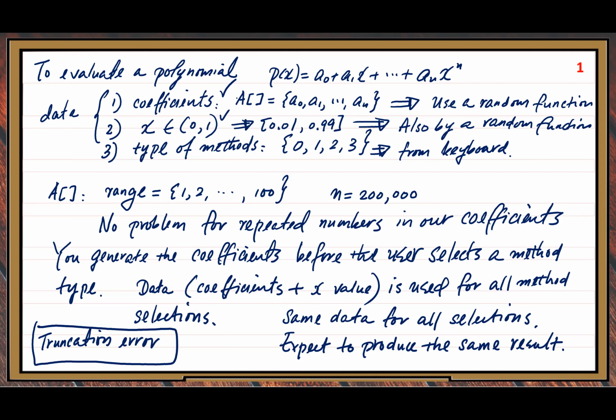Then the last thing, type of methods. One student asked me, because you ask the user to enter 0, 1, 2, 3, these four numbers are valid. But that student's question was actually pretty good.